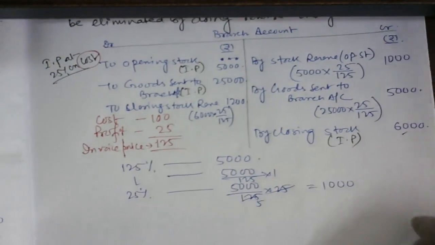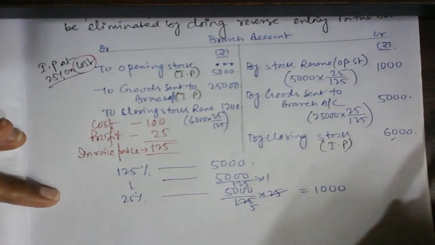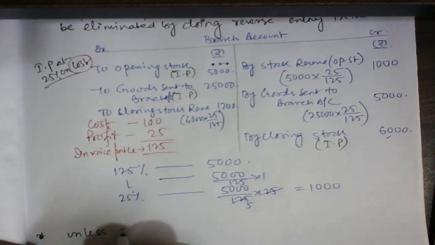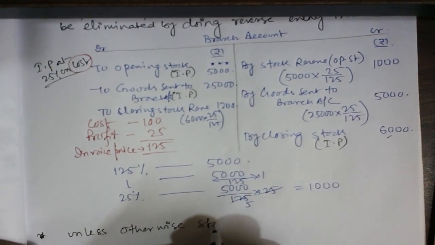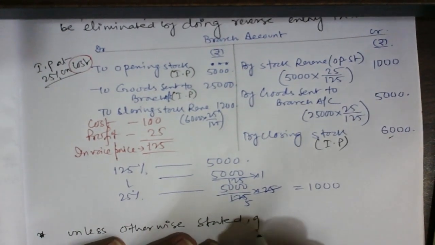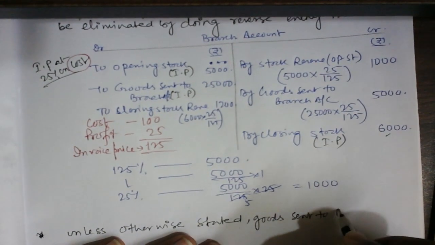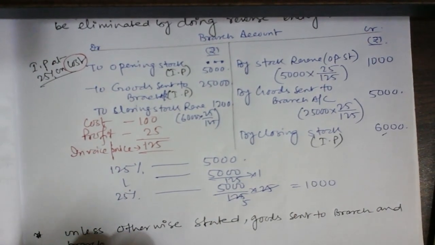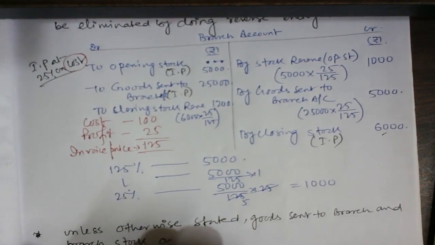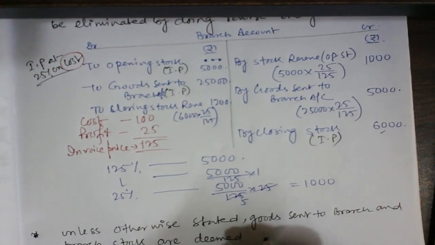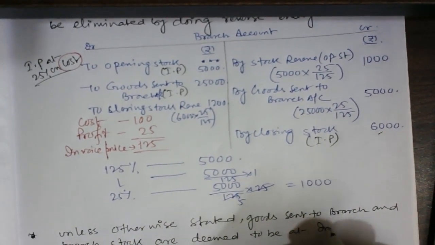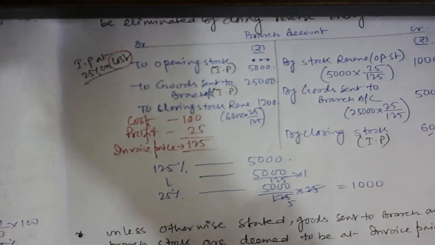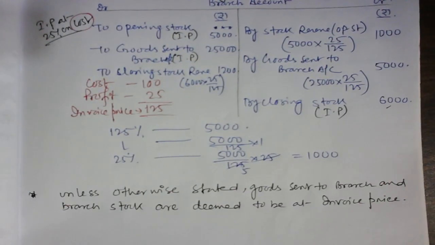Let's write two more important points. Write down: unless otherwise stated, goods sent to branch and branch stock are deemed to be at invoice price.